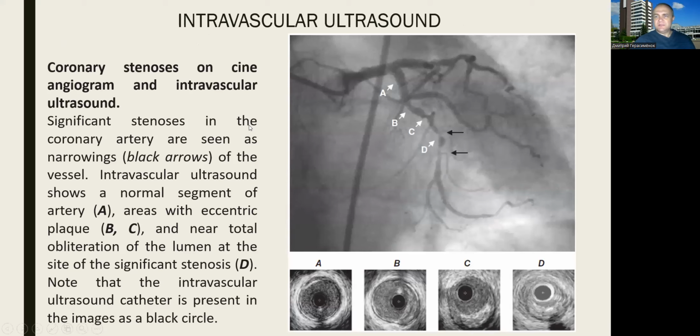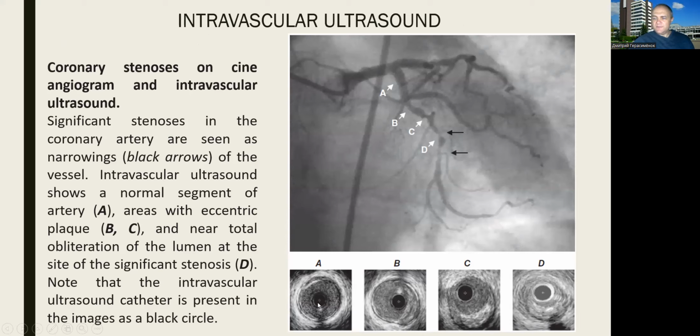Coronary stenosis on cineangiogram and intravascular ultrasound. Significant stenosis in the coronary artery is seen as narrowing, black arrows, of the vessels. The intravascular ultrasound shows a normal segment of artery.